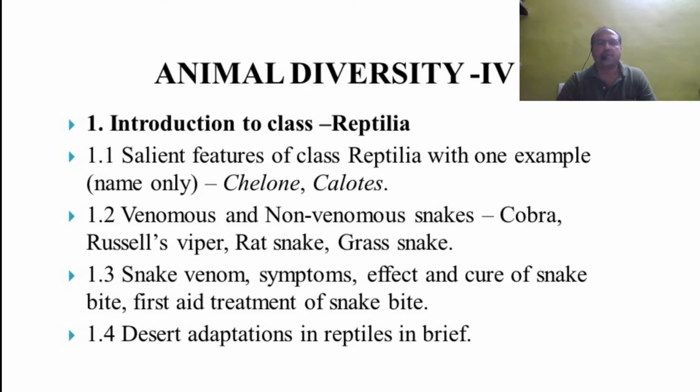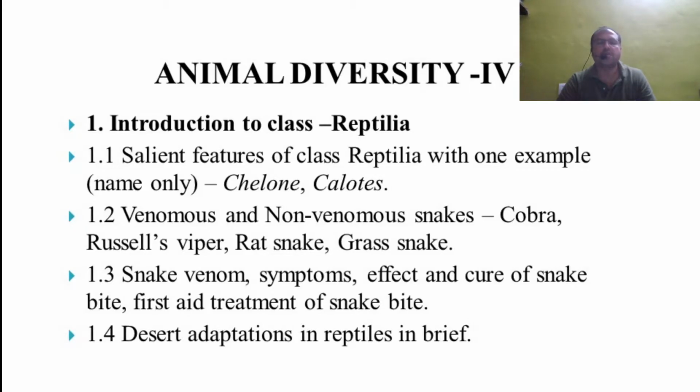In the class Reptilia, first we will see the salient features of class Reptilia with one example, and only the names are expected. The reptiles are Chelone and Calotes. So only these 2 representative names are taken here, but there are too many reptiles that we know.